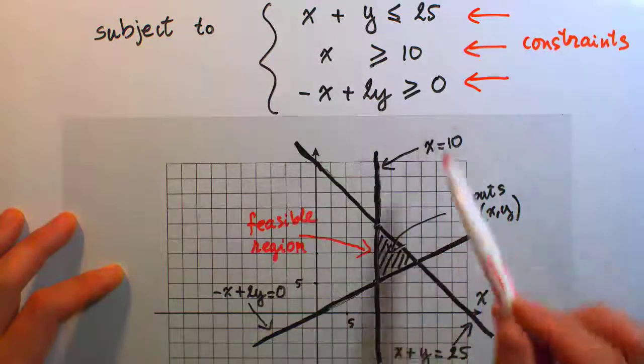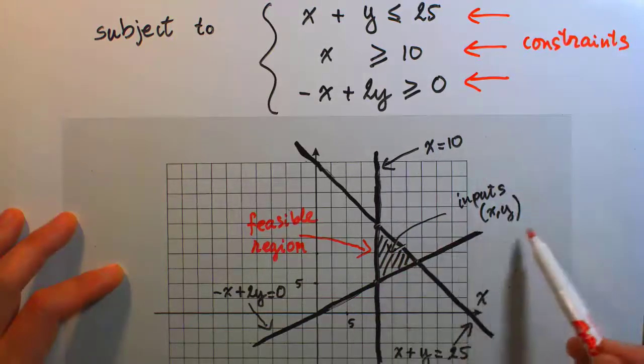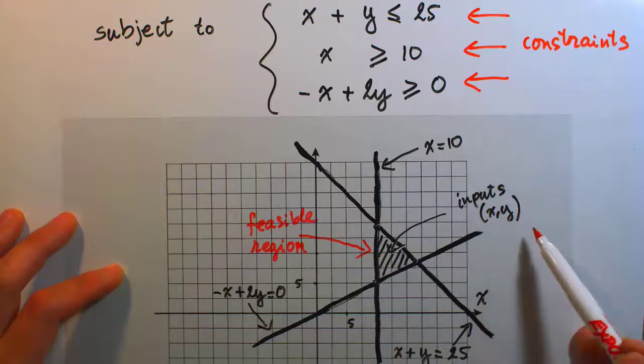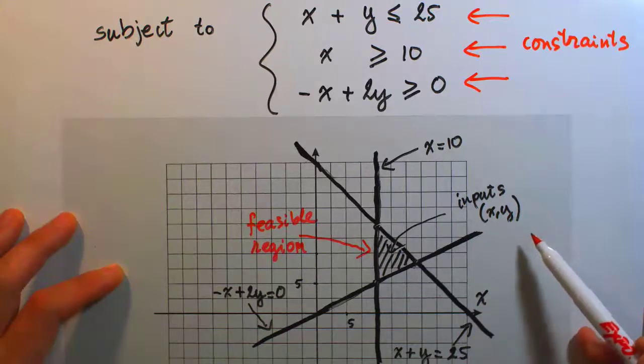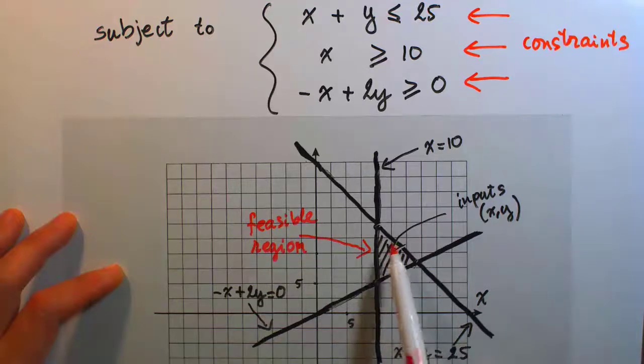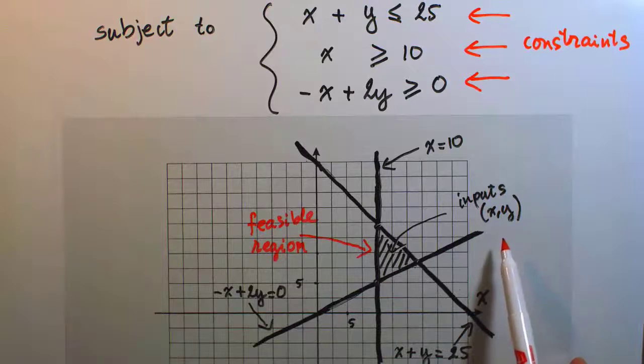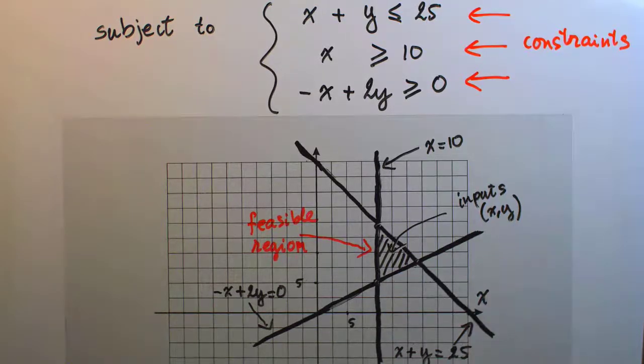It limits down the input pairs of values for our function in two variables. That's why it's called a feasible region: these are the only possible inputs x and y that we can select in order to substitute in and calculate our linear function of two variables.